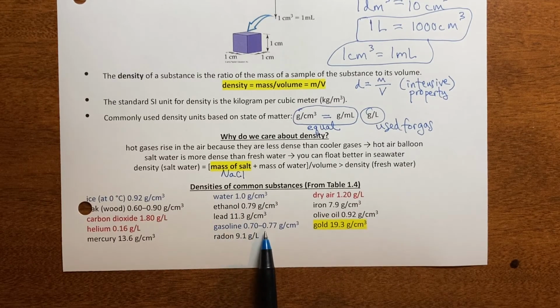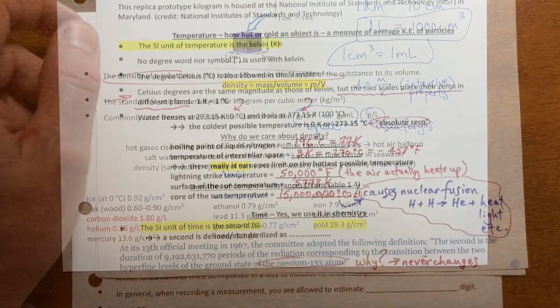That's why oil floats on water. A less dense liquid will always float on a more dense liquid. Gold is very dense, heavy, 19.3. Iron is very dense, 7.9 grams per cubic centimeter. So try to get a feel for the relative densities of objects. That will help you understand the physical properties of things a little bit better.